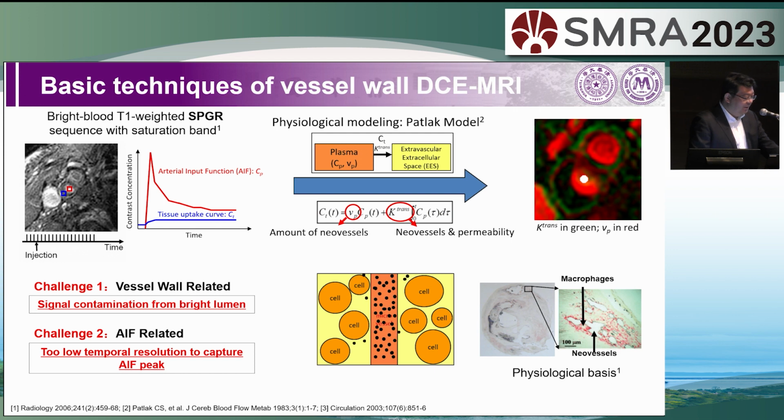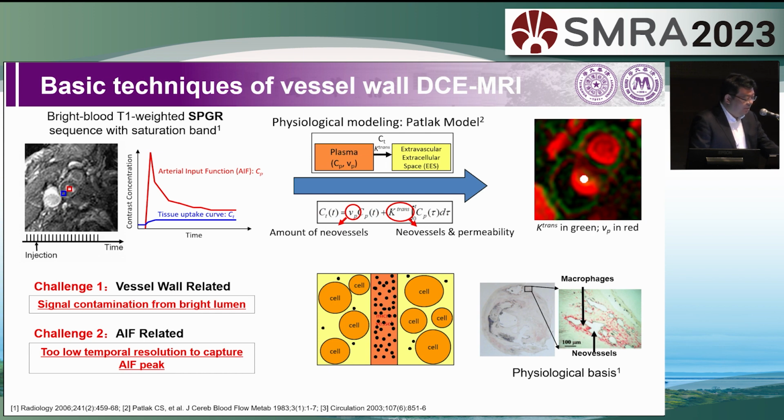The basic technique for vessel wall DCE MRI is quite traditional. We just use a traditional SPGR sequence, but first, it should be bright blood. The second is there should be a saturation band to ensure black blood before the contrast arrival.